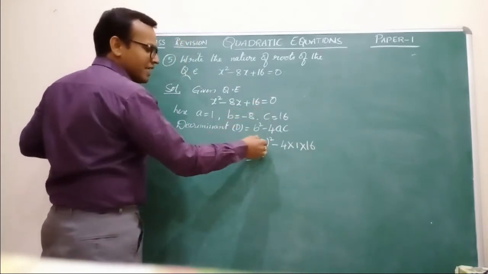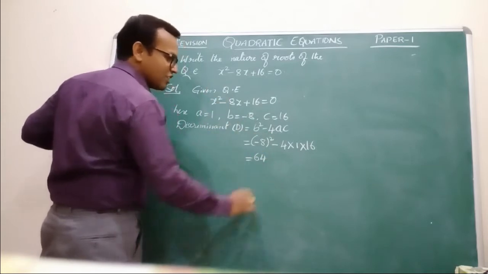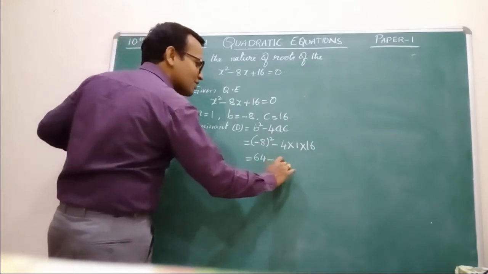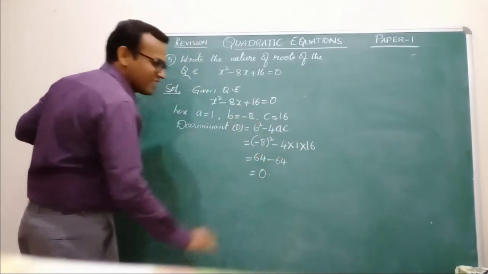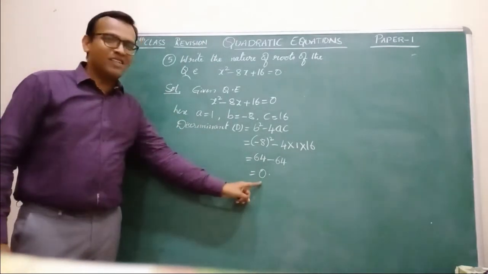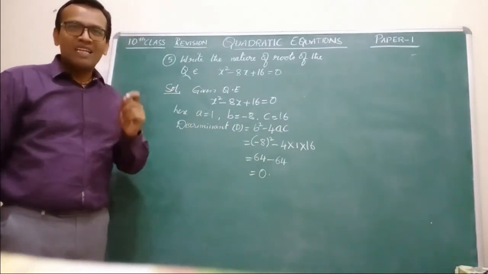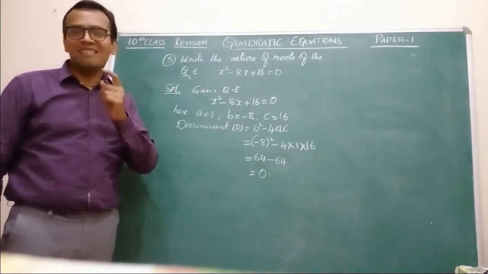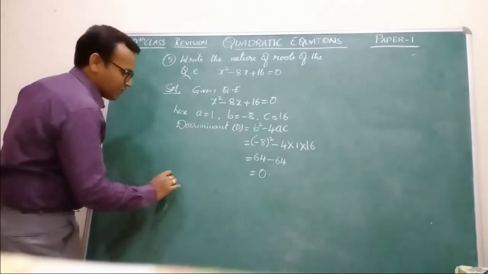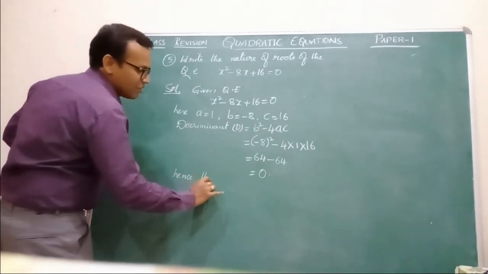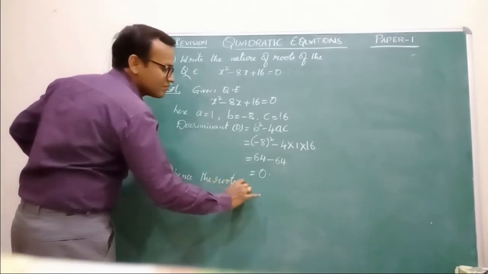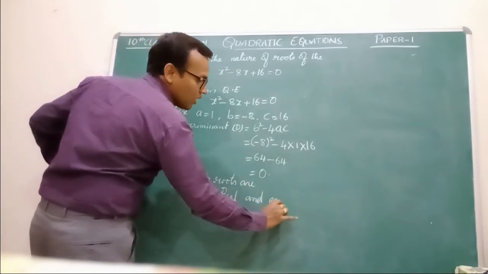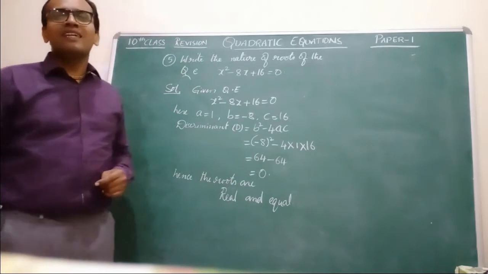Minus into minus is plus. 8 square, 8 eights are 64, minus 4 ones are 4, 4 sixteens are 16 fours, also 64. So here the answer is 0. The discriminant is 0. So our condition, we know if the discriminant is 0, then roots are real and equal. Therefore, hence the roots are real and equal.